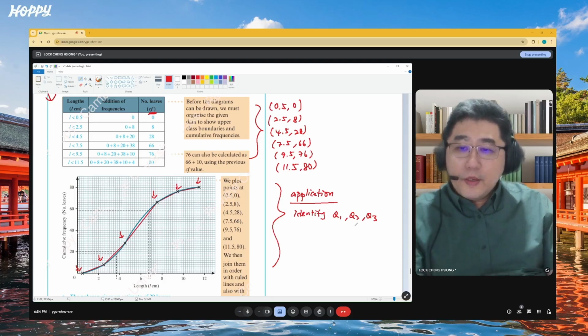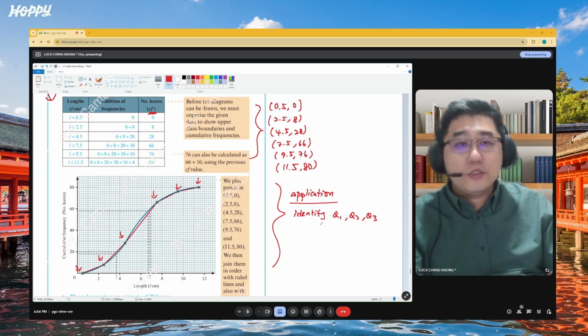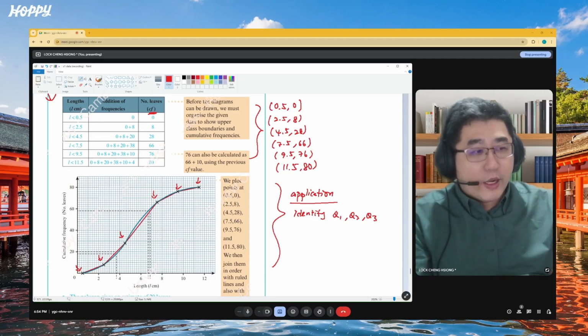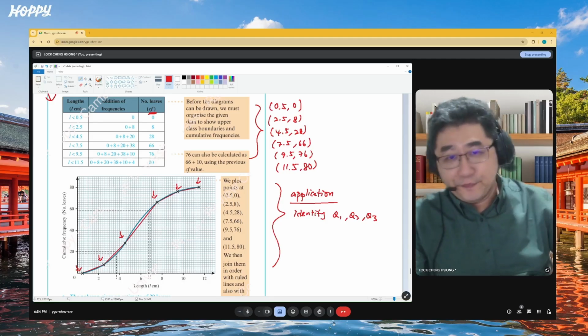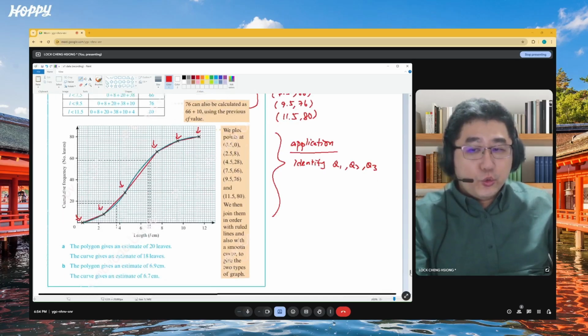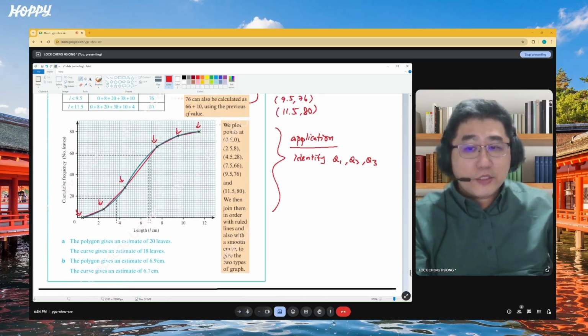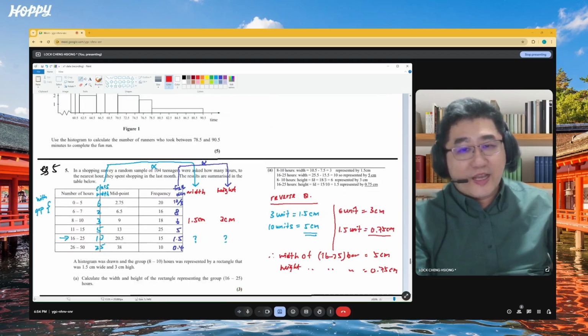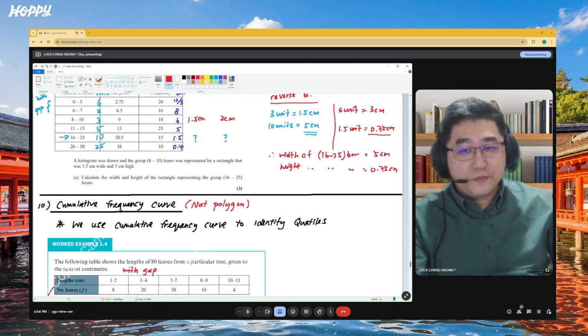Then of course, it depends on the questions. How do we actually read the graph to answer the questions accordingly? This one I will leave it to you to deal with the past year questions, because you will see they can ask all kinds of different things here.